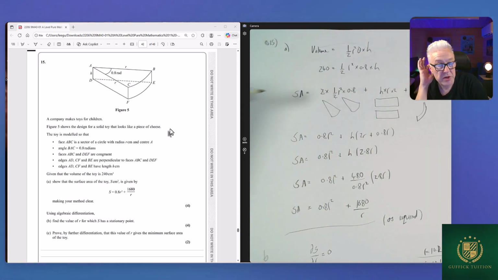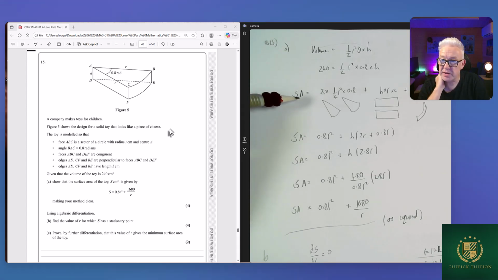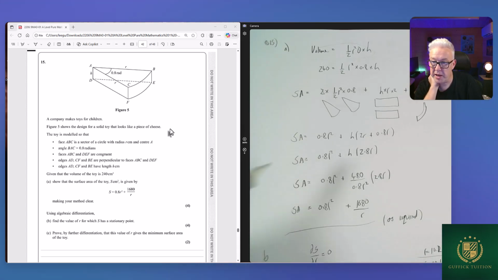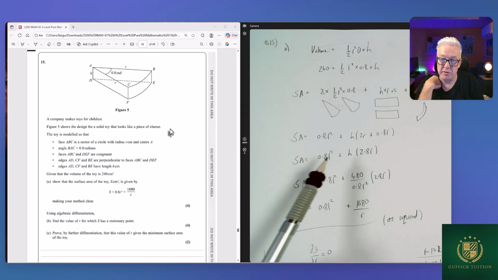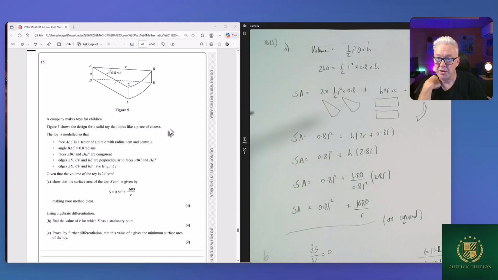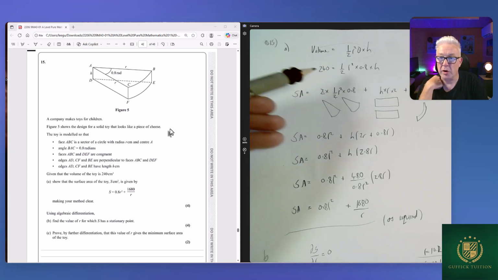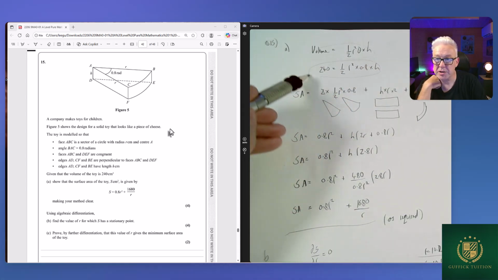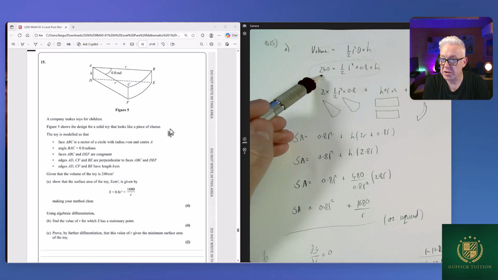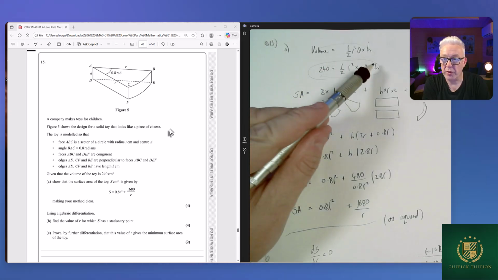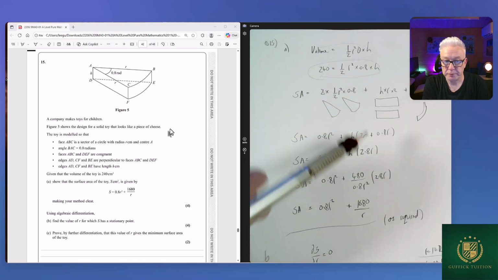Step 2, you then need to write an expression for the surface area, which will also be in terms of those same two variables r and h. So you write an expression for the volume, you write an expression for the surface area. Now, because they've told you that the volume is equal to some particular amount, in this case 240, you can then rearrange it to make either that one or that one the subject and sub in.